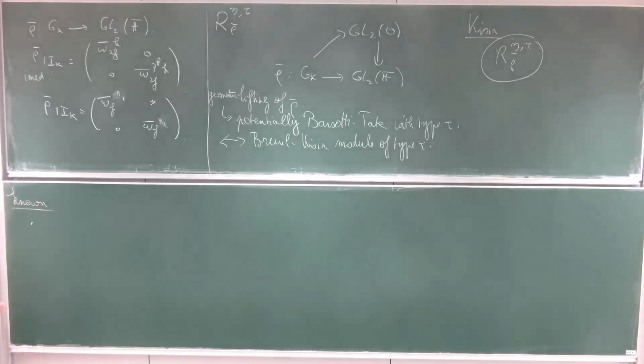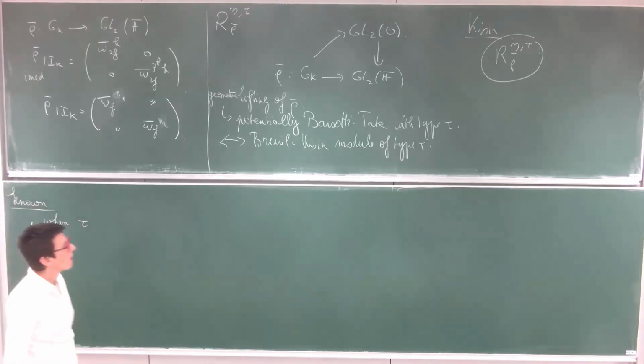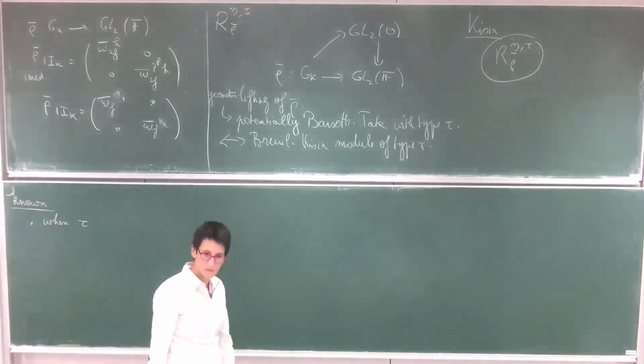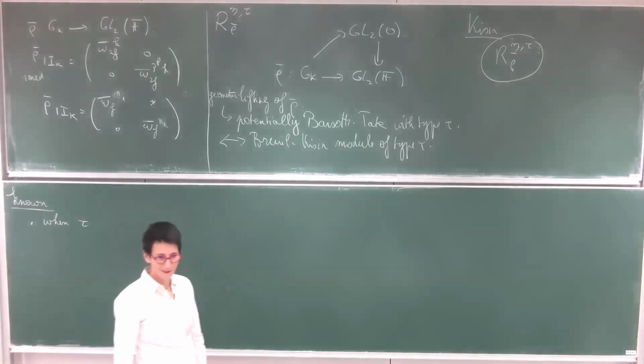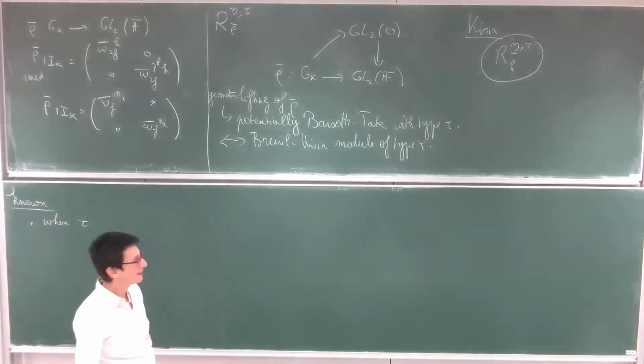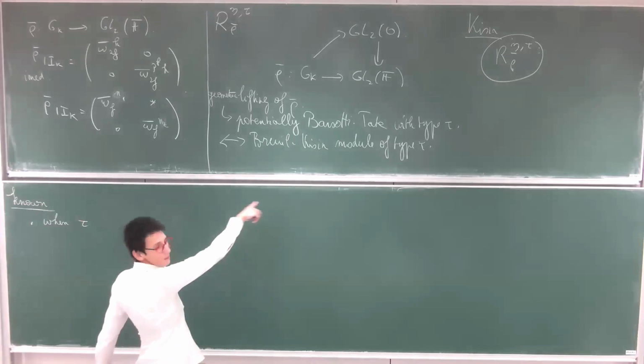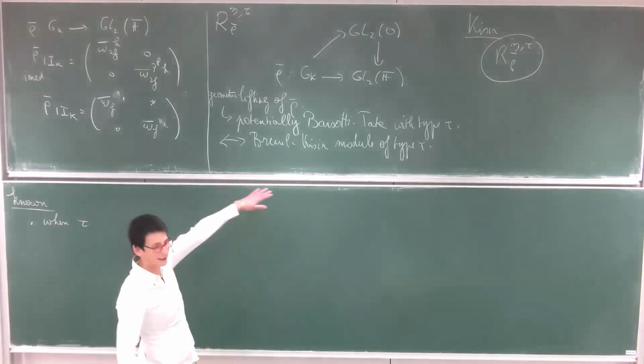So, in fact, there is two cases. The first one is when... exactly. Yes, but I will make this point precise when I define the Barsotti-Tate kissing module of type 2.